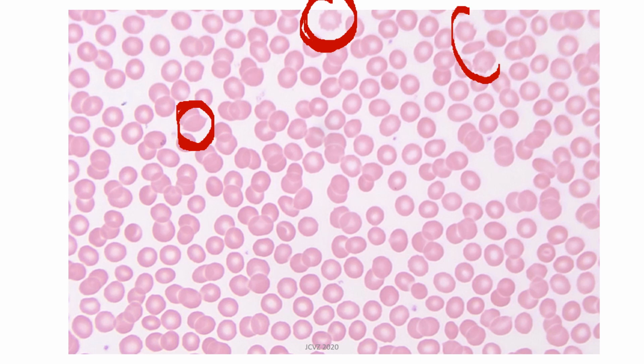The same as the first example I mentioned earlier, the edges of your red blood cell are pointed or spiculated. And this one, seen in between these two red blood cells, the RBC is elongated. That is an abnormal shape of your red blood cell. So basically, guys, there are so many abnormal RBCs, and they have common names and scientific names that you need to familiarize yourself with. Those are some examples of poikilocytes.